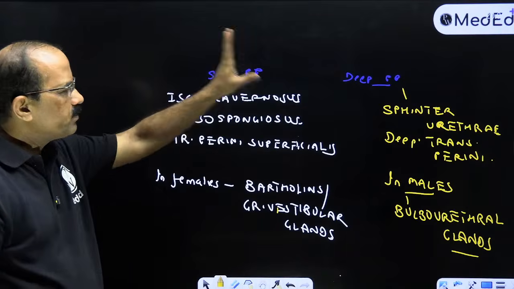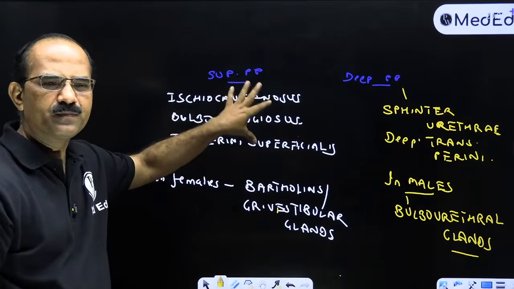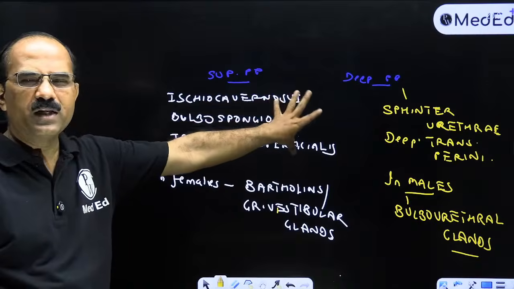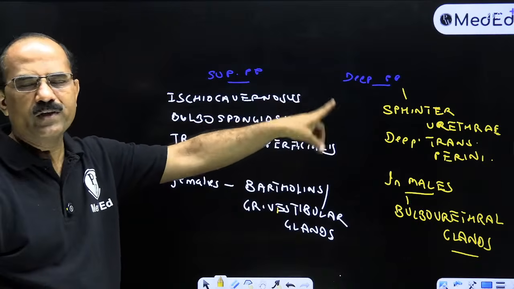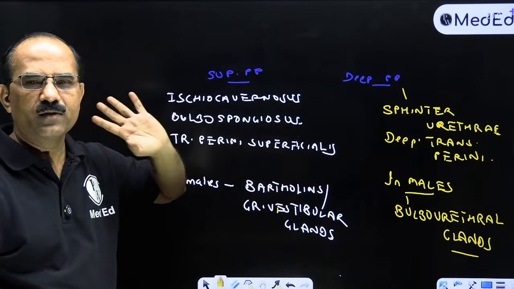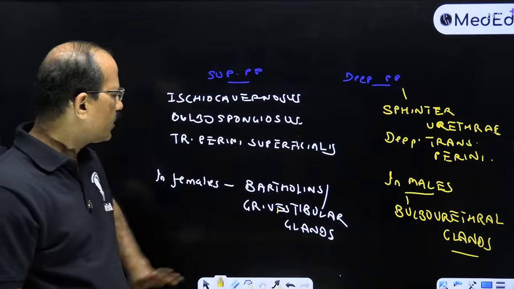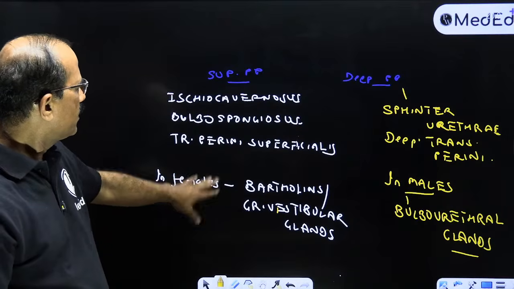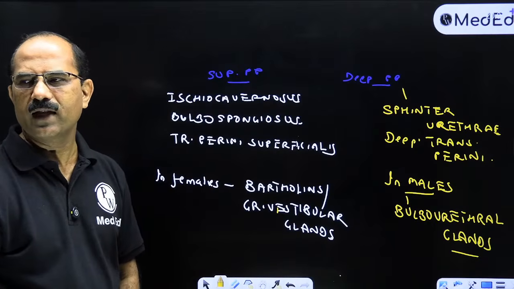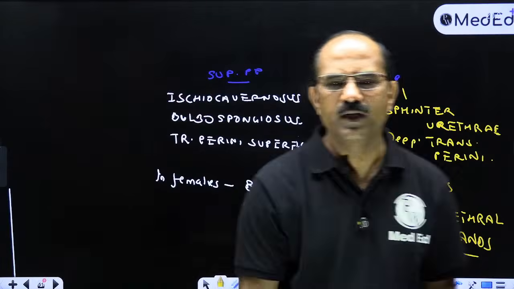So superficial perineal pouch, deep perineal pouch, ये common है males and females के लिए. Clear to all of you? So this is both common for males and females. Deep में sphincter urethrae and deep transverse perinei. In males there are bulbourethral glands. And females में in the superficial perineal pouch, Bartholin's glands or the greater vestibular glands. Fine. Just remember this. It will be very clear to you.